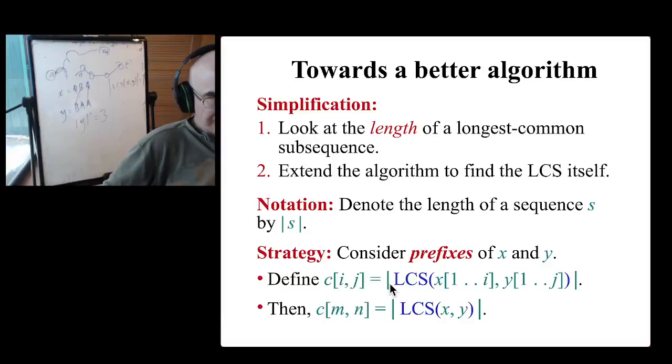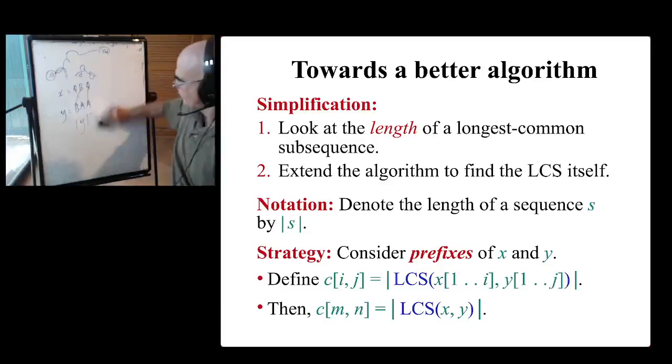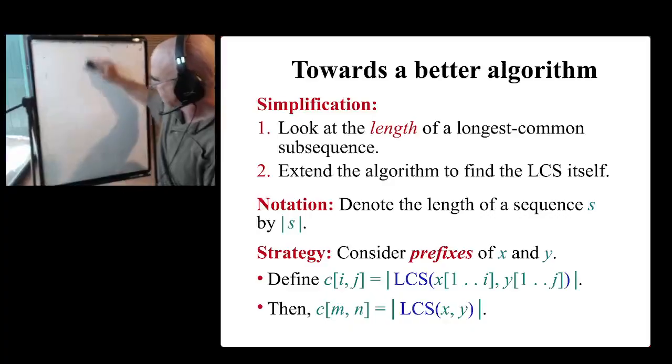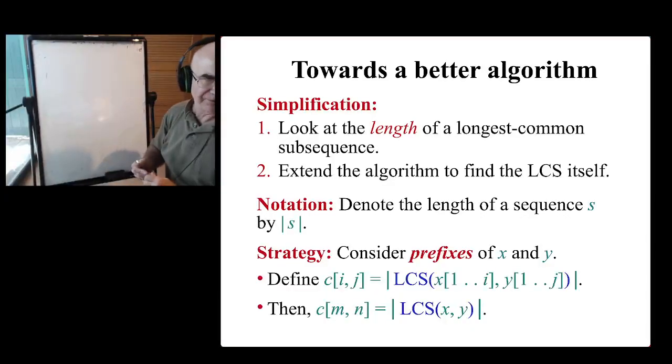C of i, j will be the length, how many characters there are, in the longest common subsequence of not x and y as a whole necessarily, but only taking a piece of x, only the first i characters of x, and only the first j characters of y. That's what C of i, j is. So let's take some examples, because it's really important that we understand this definition before we continue.